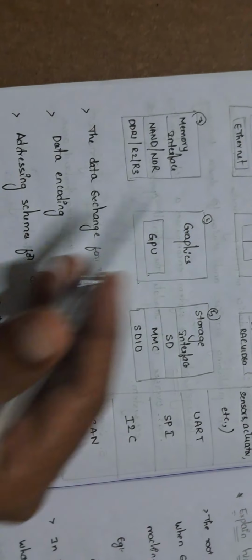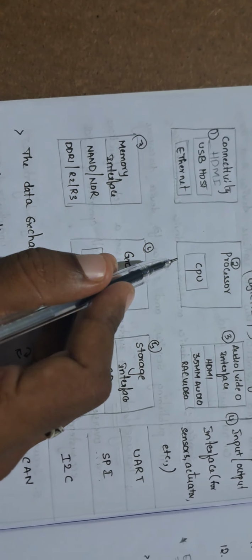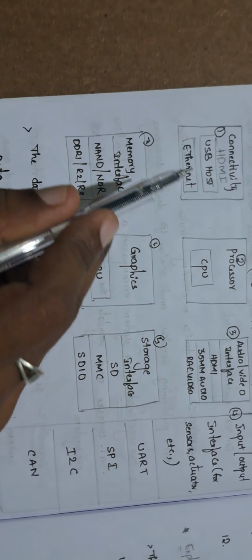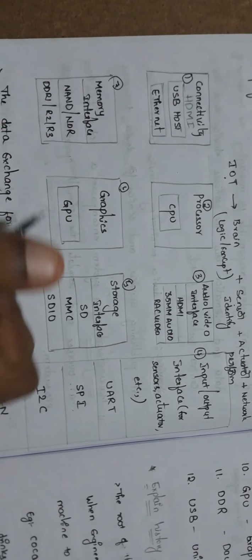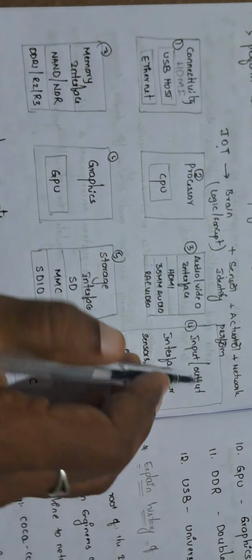Here it is also the same. The first is communication; device purpose is nothing but the connectivity that is required. Processor, there is connectivity required between the processor and the remaining tasks, audio video interface. For all these purposes we require communication. The communication purpose we are utilizing as a network.